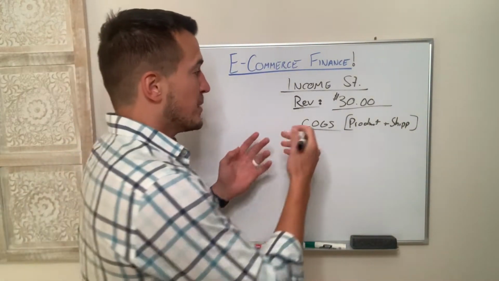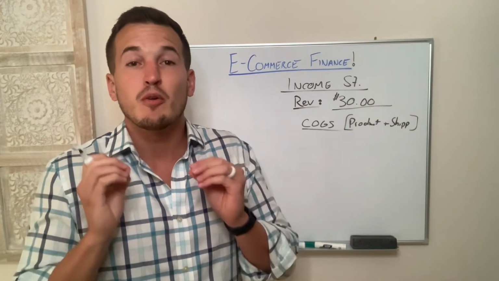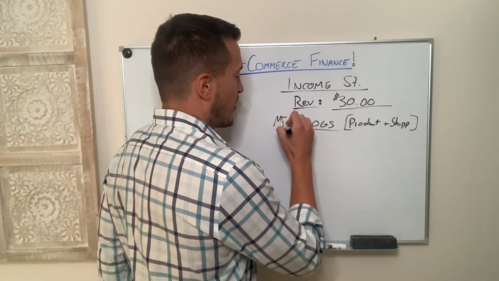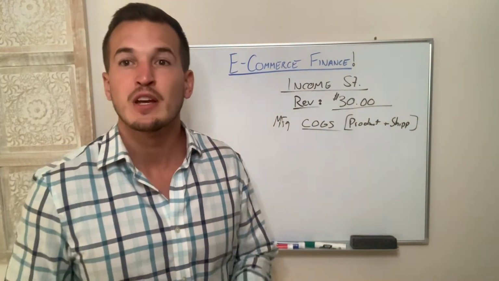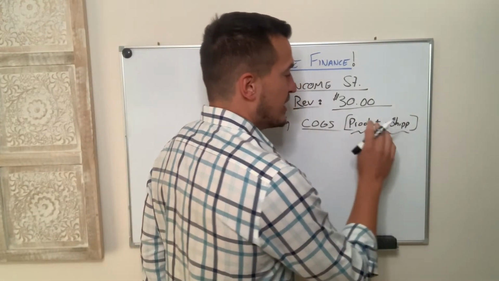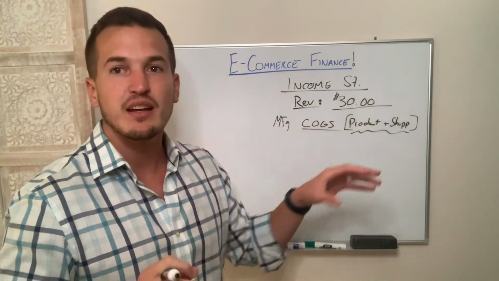So when you think about COGS, this is the most important thing, because your manufacturer is who you're going to bargain with to get this price down. I prefer DDP shipping so I can get a clear line of sight on these two things and really focus on getting that all down.